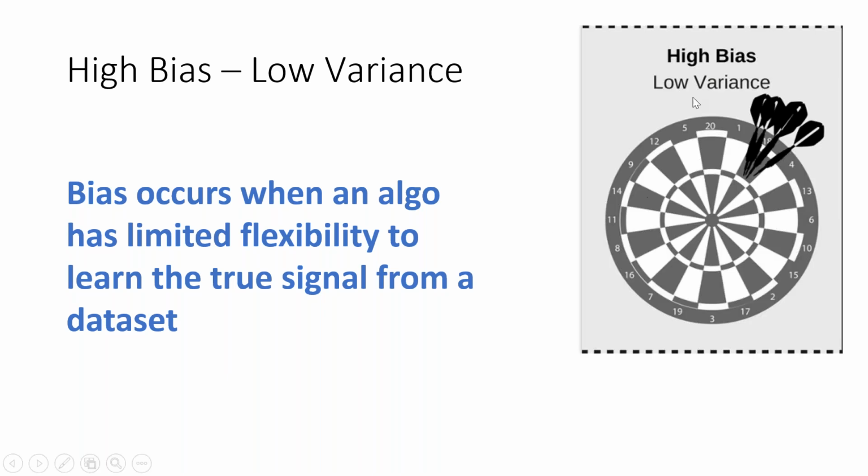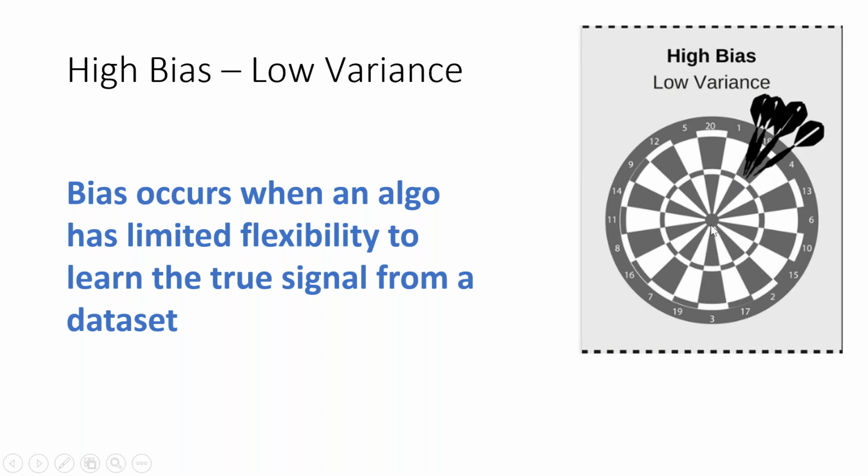To understand high bias, low variance, imagine a dartboard where you have to hit the center. If you are using high bias, low variance algorithms, all 5 darts that you throw will be very consistent and fall in one place, but they will not be accurate and will not hit the center.